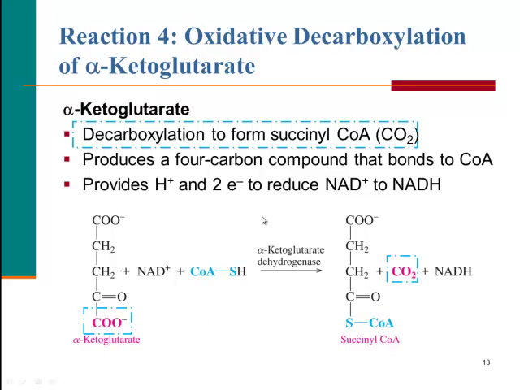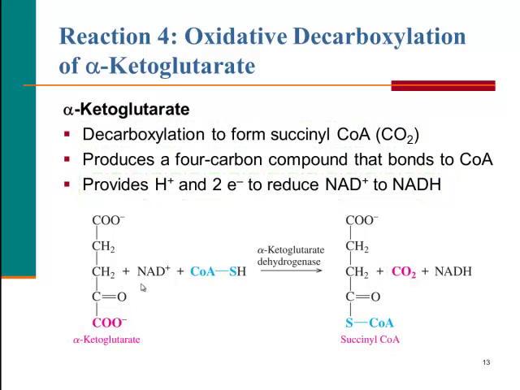Now again, we're going to have the production of 2 protons and 2 electrons so that this oxidation step is going to be partnered with the reduction of NAD to NADH. So the NAD is going to take 2 electrons and a hydrogen to make NADH. Okay? So again, if you see where carbon dioxide is made, you automatically know that an NADH is going to be made at the same time.